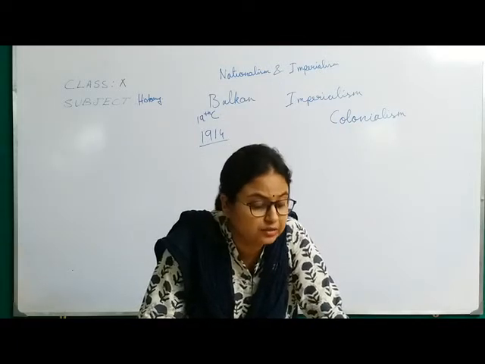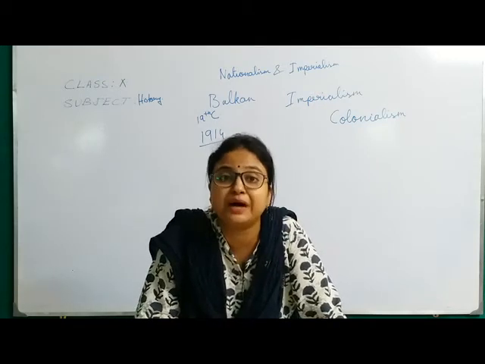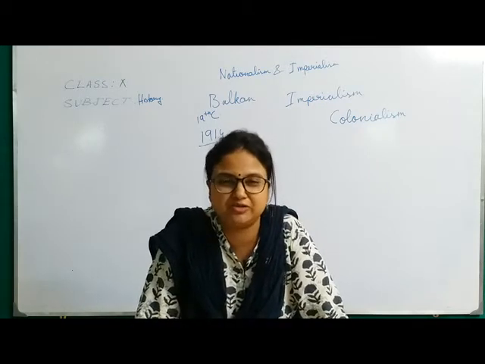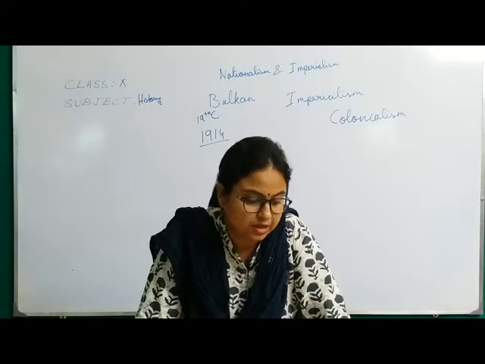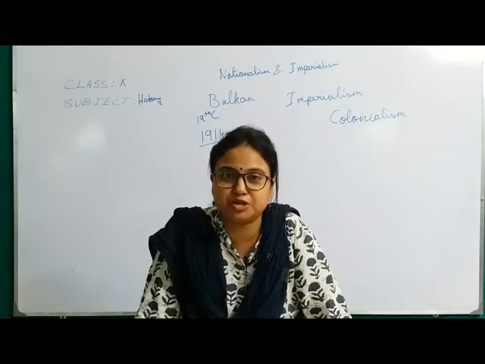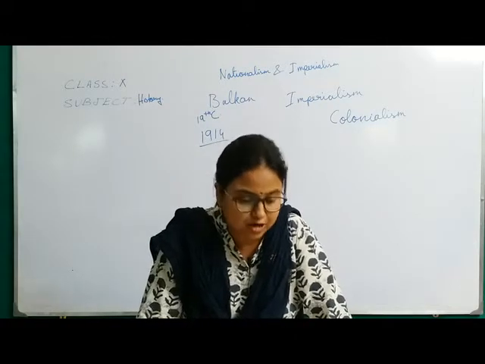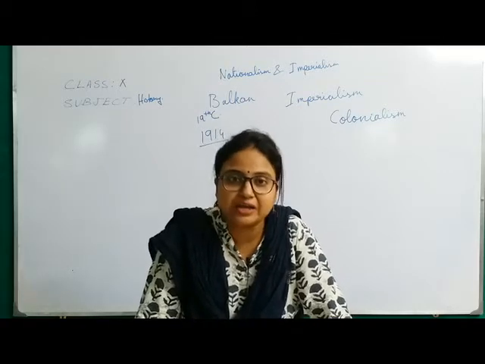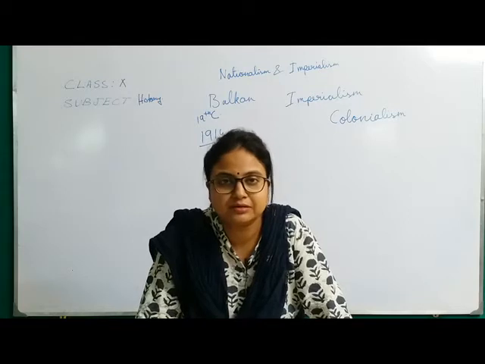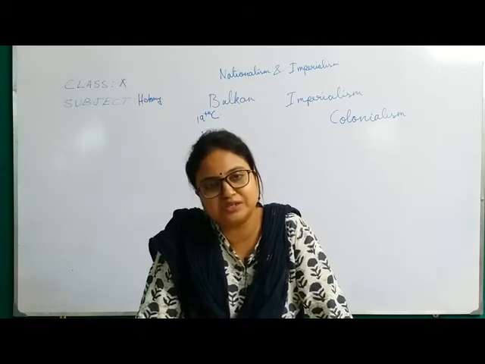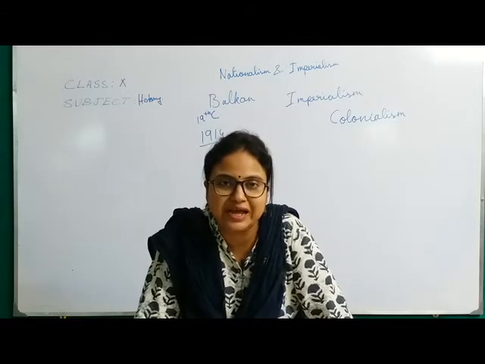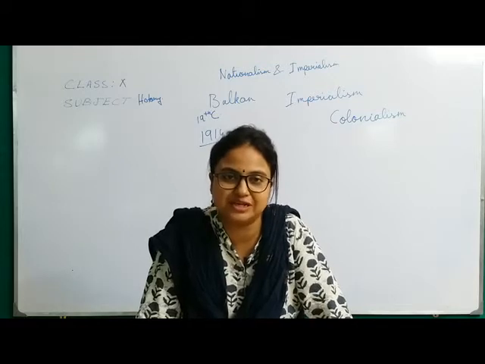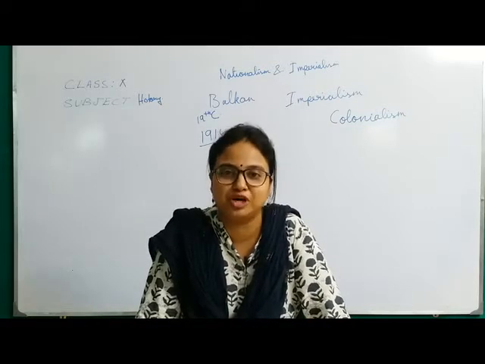An Austrian prince was killed by Hungarian terrorists, and Austria was creating pressure on Hungary, supported by Germany. When finally Austria attacked Hungary with the support of Germany, England and France supported Hungary and the First World War started.